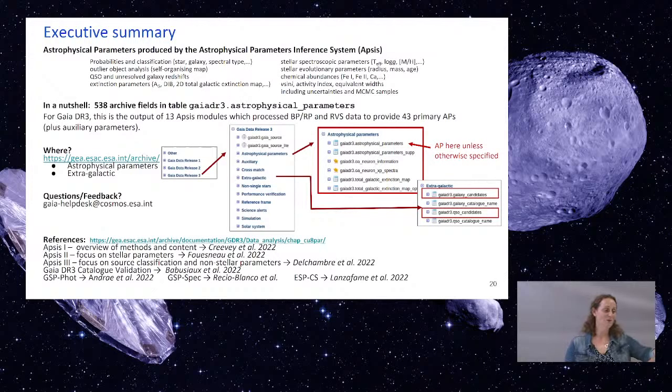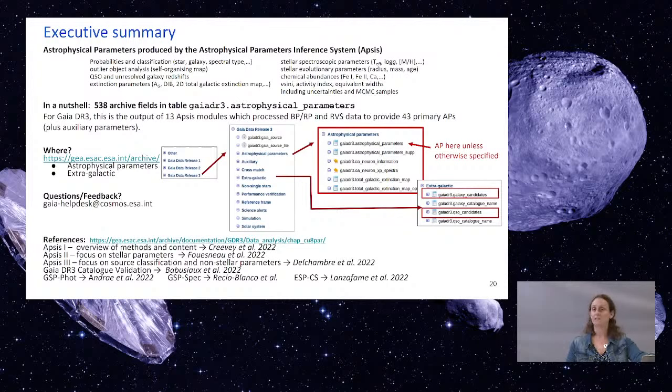Okay. So, yes, the first question is, are there any variable objects for which the astrophysical parameters have been estimated? So, astrophysical parameters have been estimated for all objects down to magnitude 19. If you cross-match this with a variable catalog, you will find quite an overlap, okay?